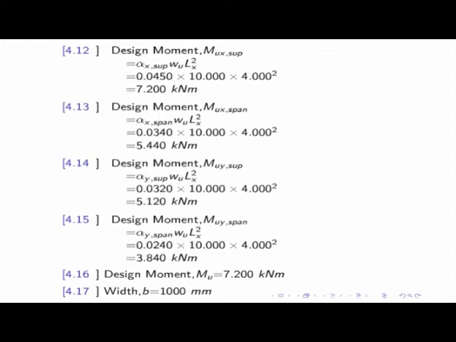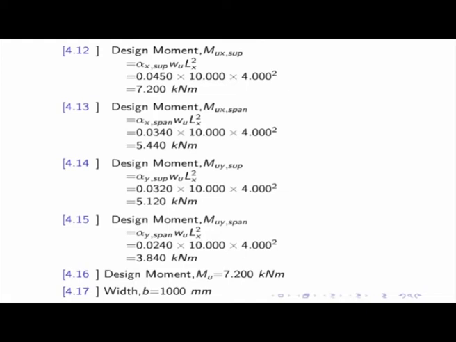So out of this 7.2, 5.4, 5.12, 3.84, the maximum is 7.2. So I shall find the depth of the slab on the 7.2 kilonewton meter with B 1000 millimeter. Always for slab we take 1000 millimeter or 1 meter, because we consider it per meter length.